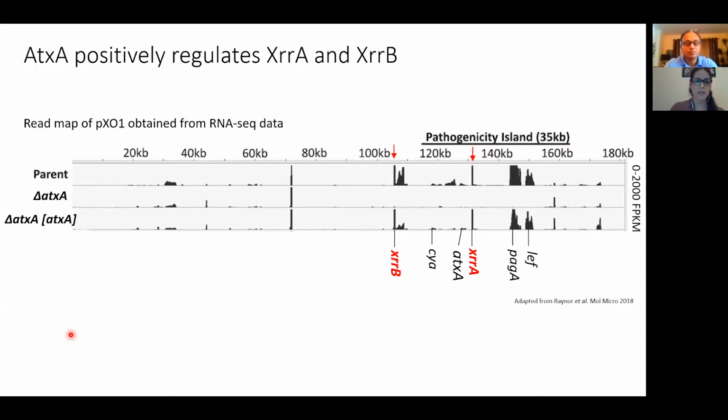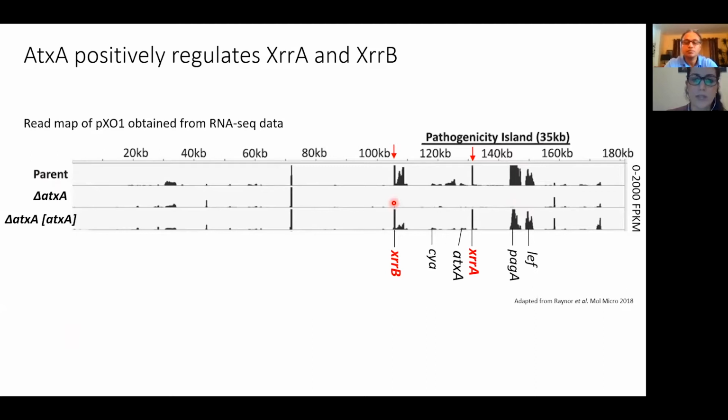So this is a read map of RNA-seq data showing reads aligned to the entire length of PX01. I'm showing you gene expression in a parent strain, as well as the strain that has been deleted for ATXA. In the ATXA deletion strain, we lose expression of the anthrax toxin genes, such as these 2 right here, but we also lose expression of these 2 predicted sRNAs that are highlighted with these red arrows.